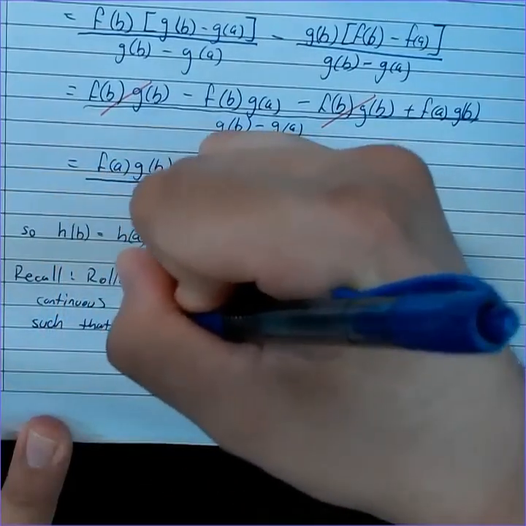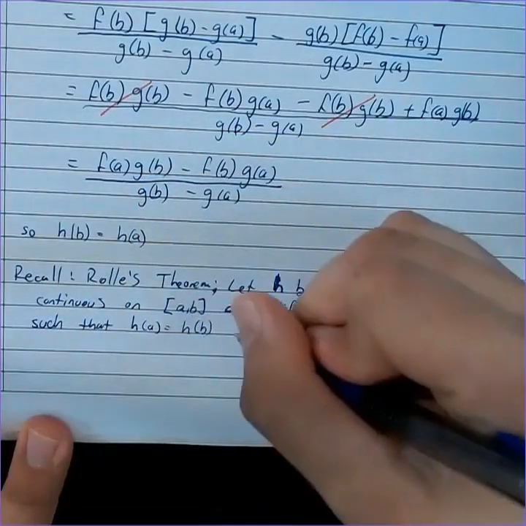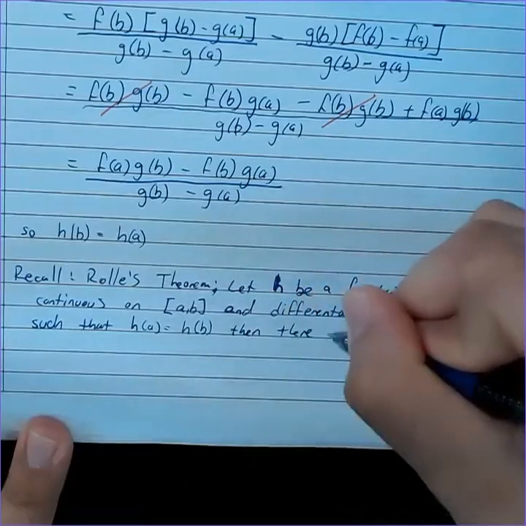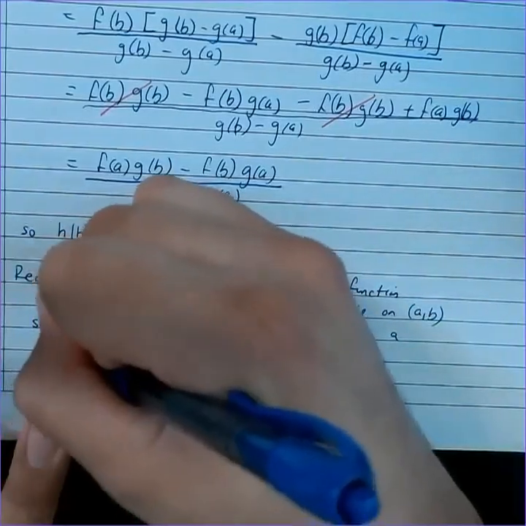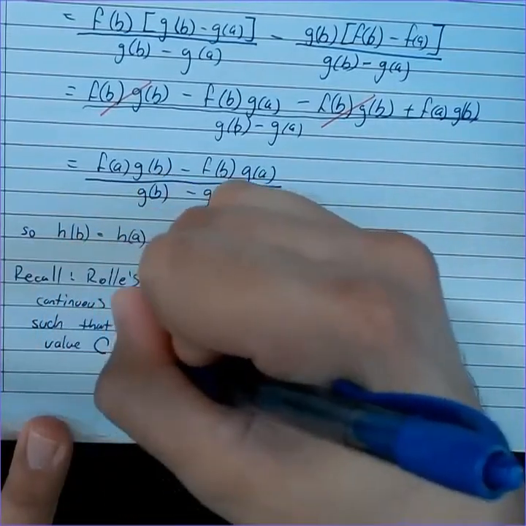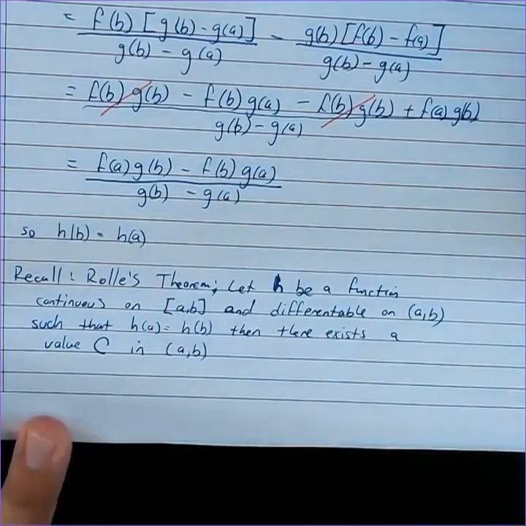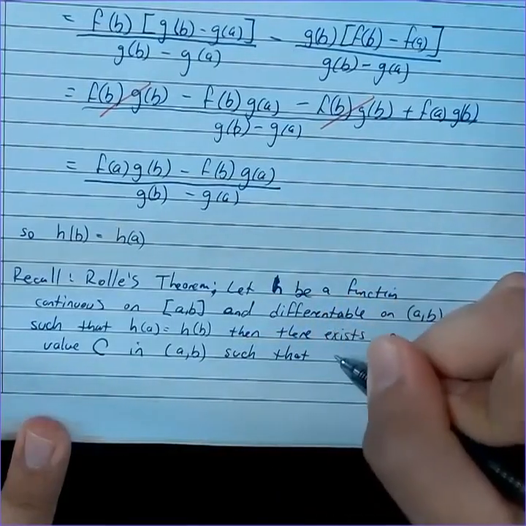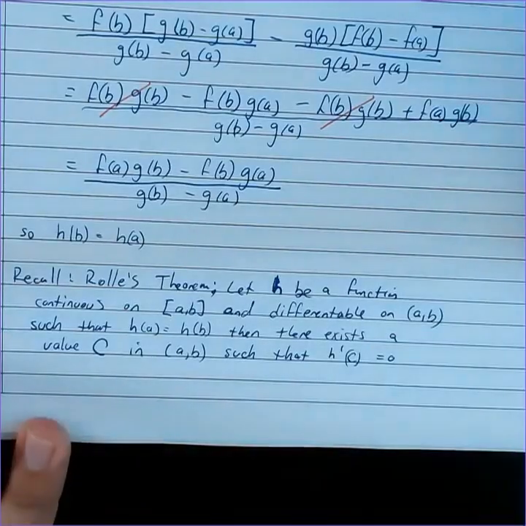Such that h at a is equal to h at b, then there exists a value c in the interval from a to b, and it can't be either endpoint, it's in the open interval, such that h prime at c is equal to 0.